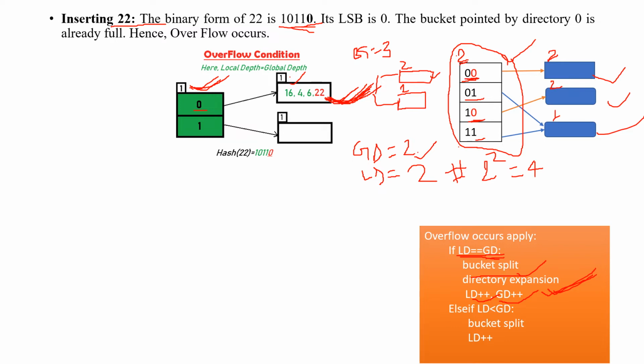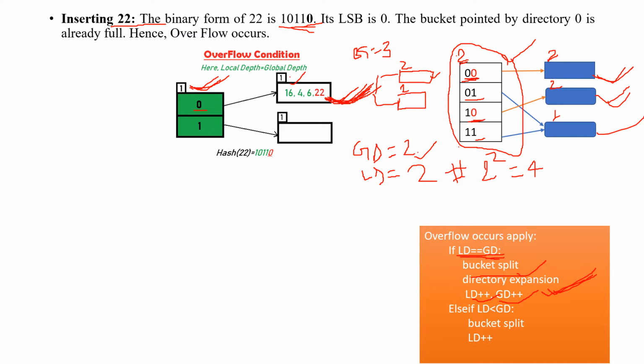If it is 0, that is going to point to one bucket. If it is 1, then that is going to point to the other bucket. So do remember how you make this pointer connectivity: first of all you check the 0th bucket, where the first LSB is 0.